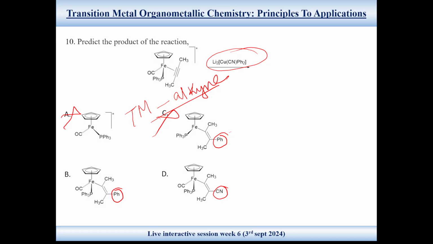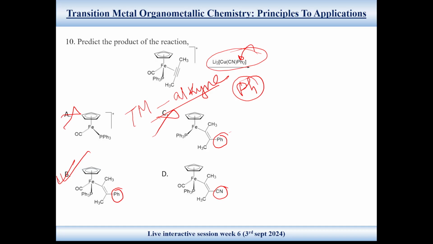How? CN is more nucleophilic, so it can attack the alkyne such that the bond gets donated to the iron atom and then it can form the structure of D. That is my reason. But here option B will be the correct answer, because this PH group acts as a better nucleophile with respect to the CN.